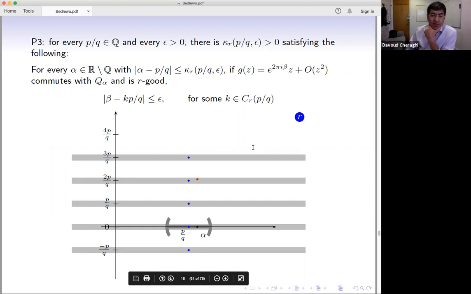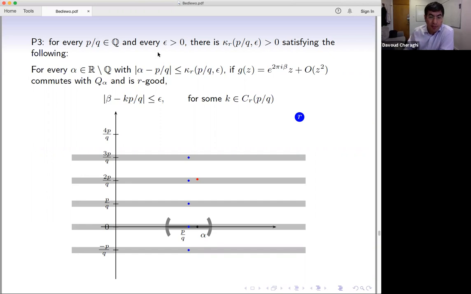The statement says that for any P over Q and for any fixed R, there is this neighborhood such that if I take any irrational number in that neighborhood and take any holomorphic map which is R good and commutes with Q sub alpha.